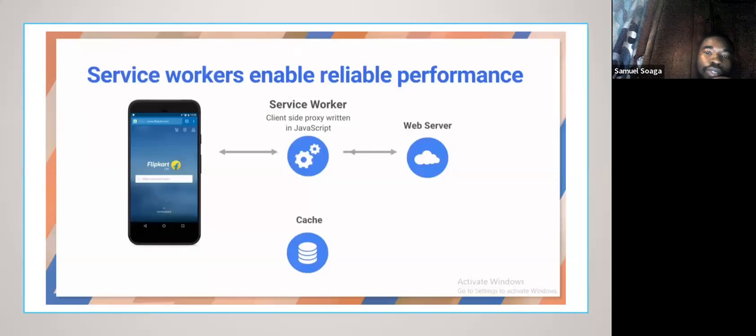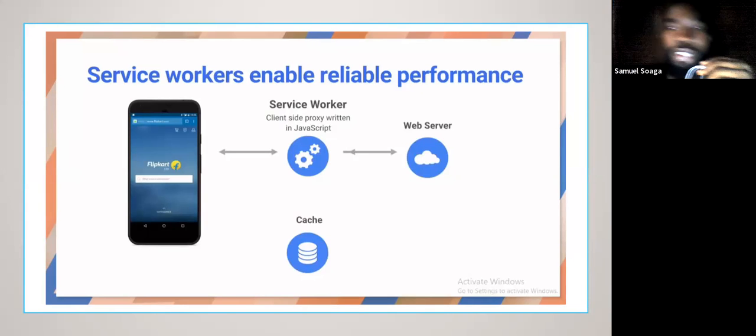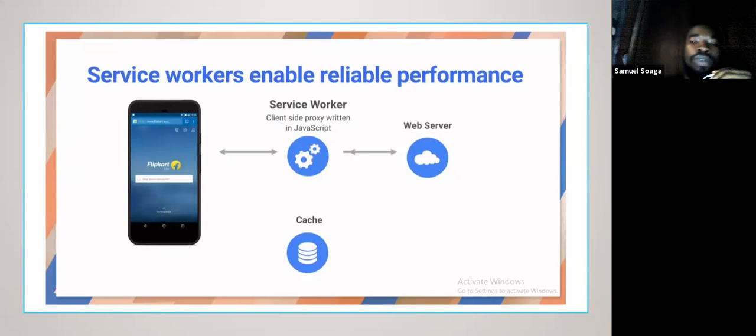The major technology used is the service worker. A service worker is a client-side proxy written in JavaScript. Ideally, how the phone works with web apps is that there is a single thread. If there is network, your phone will connect to the internet. If there is no network, there is no connection, and you cannot connect to the web app. A service worker is a JavaScript file that all you have to do is enable, then it works in the background.